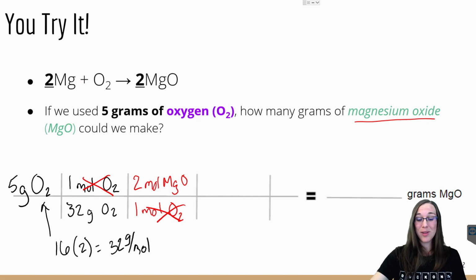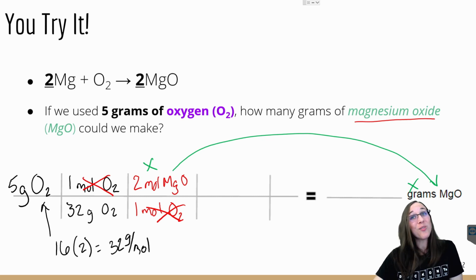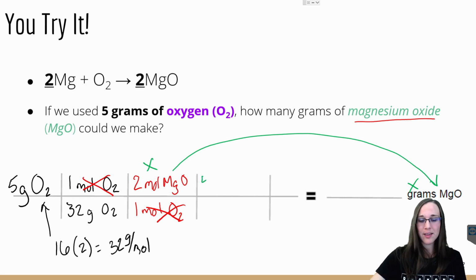Now we notice that we have the right chemical, but not the right unit. We need to still go from moles to grams of MgO. And anytime that's the case, we use our molar mass of MgO now, a different chemical. We can actually use the same molar mass we've already calculated from the quick review, which happened to be 40.305 grams of MgO in 1 mole of MgO.